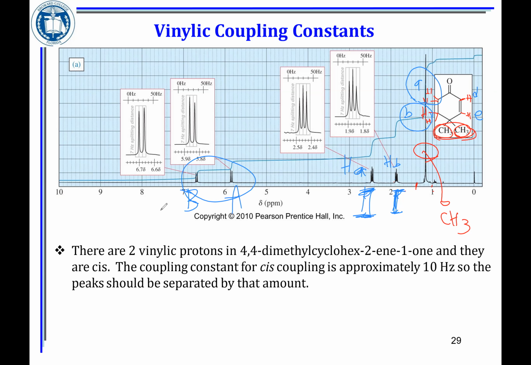Or you could say, is D closer to 6 or closer to 7? Hydrogen E is closer to 6 because it's adjacent to an electron donor group. Hydrogen D is closer to 7 because it's adjacent to an electron withdrawing group. The splitting pattern is also a doublet because on the adjacent carbon, you only have one hydrogen.